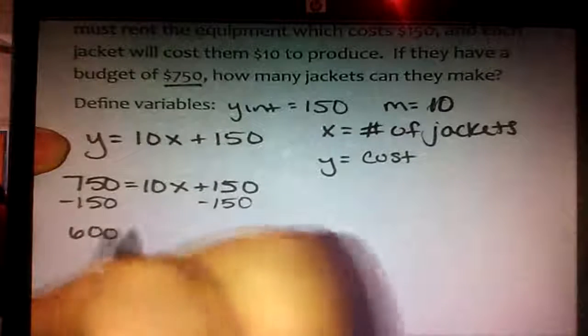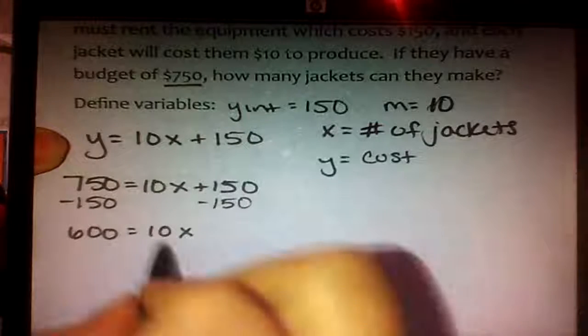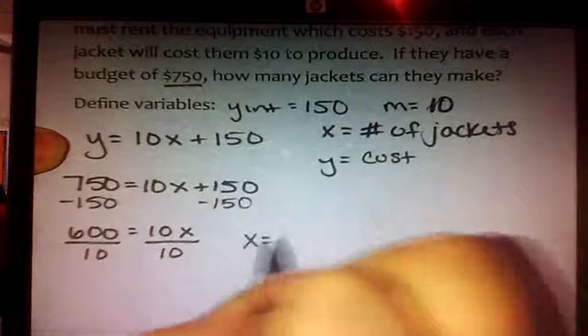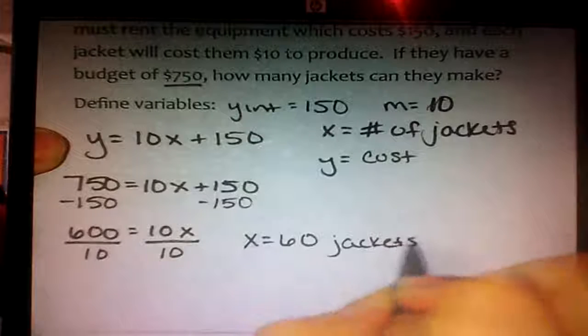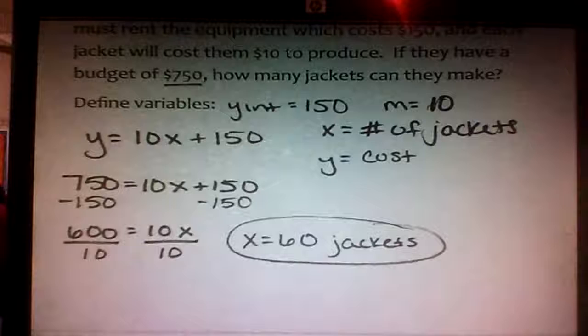So $600 equals 10x. It's 60. So that means we can produce 60 jackets for $750.